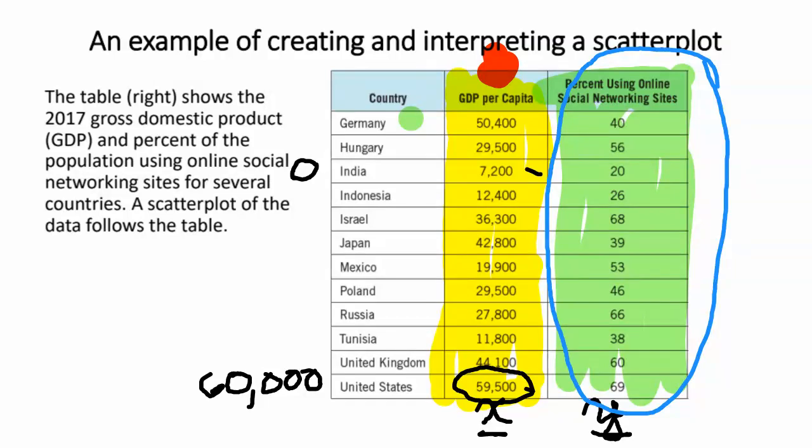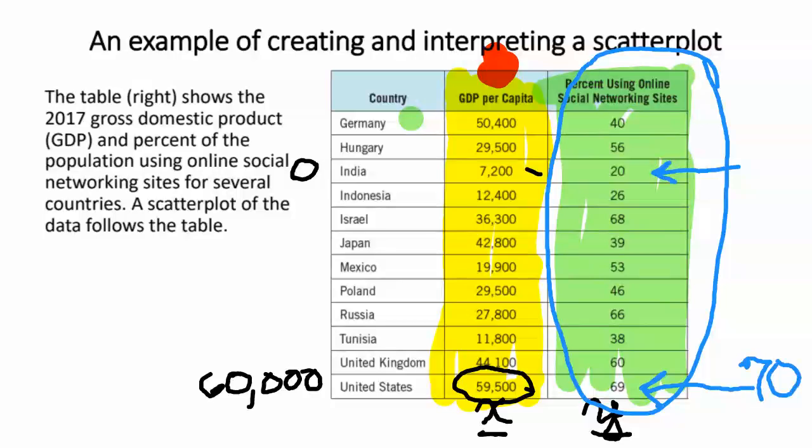Well, the lowest value is 20. What's the highest value? Well, as you can gather, it's down here. Now, 69 is very easily rounded to 70. That works.